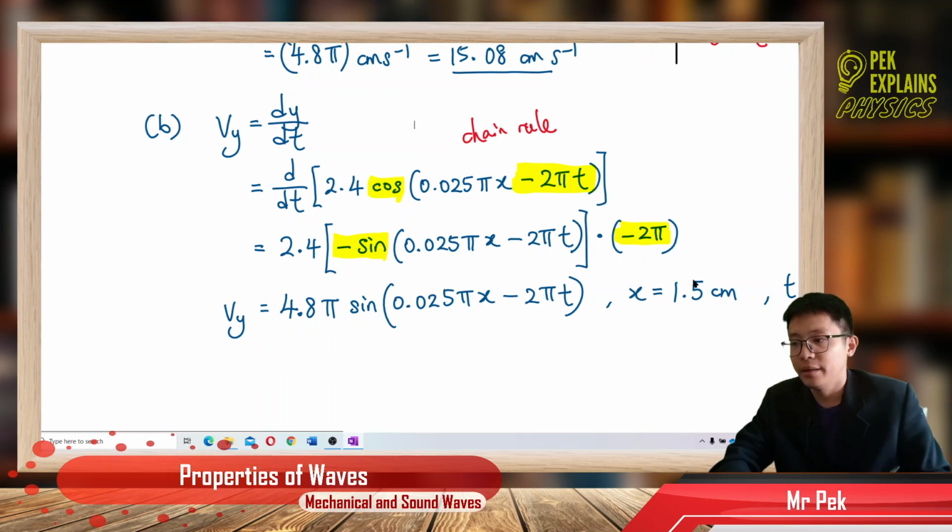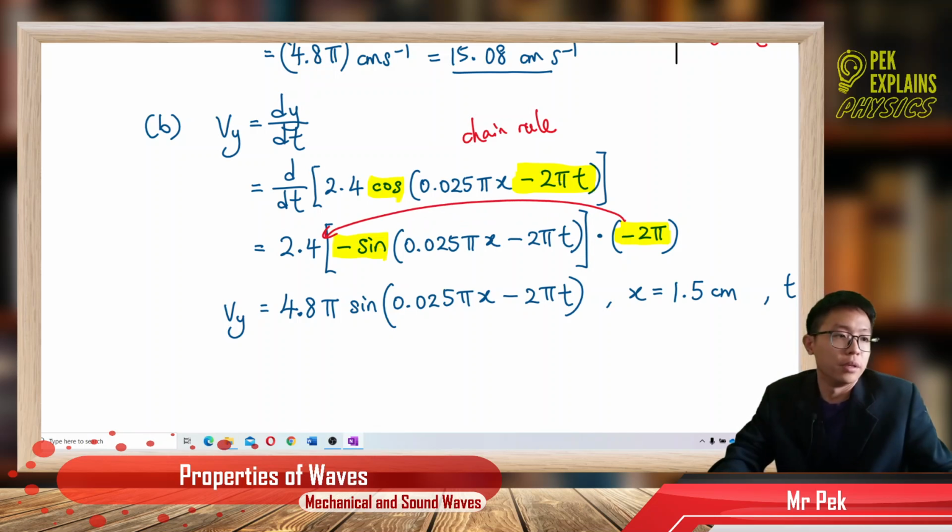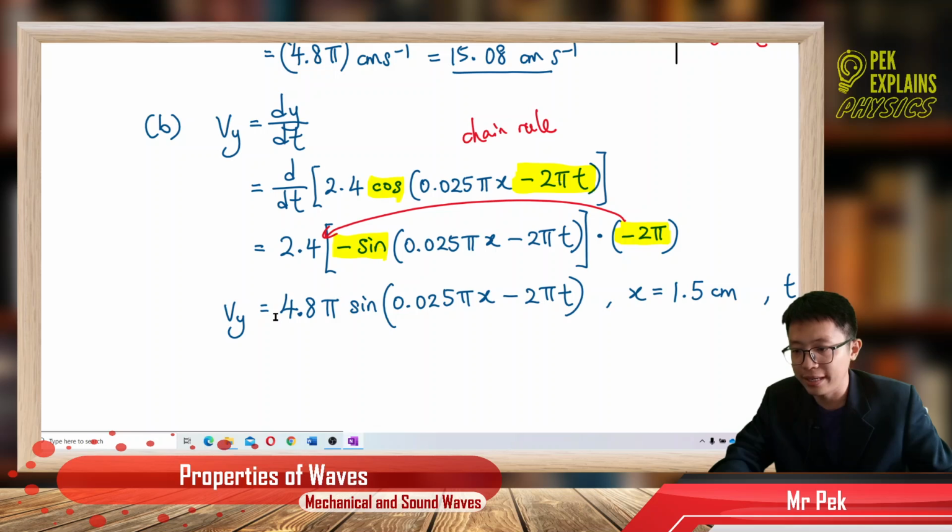Then this negative 2 pi you multiply to the front, like in simple harmonic motion. Negative 2 pi times 2.4, and here we have a negative already, isn't it?